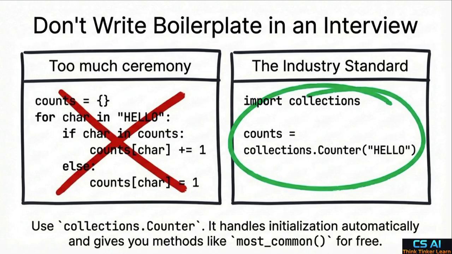Instead, use the industry standard collections.Counter. In one single line, counts = collections.Counter("hello"), you've done all that work. Not only is it cleaner, but it also signals to your interviewer that you know the Python standard library inside and out. It even gives you powerful methods like most_common for free.